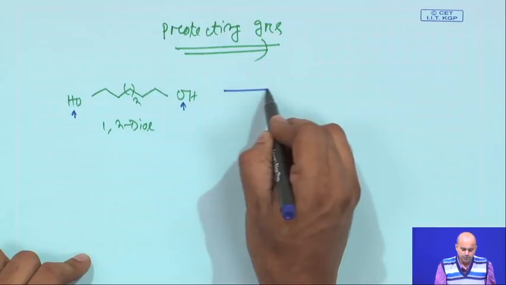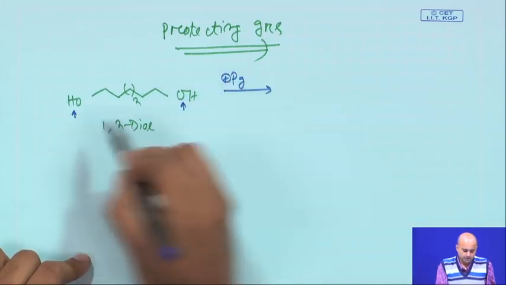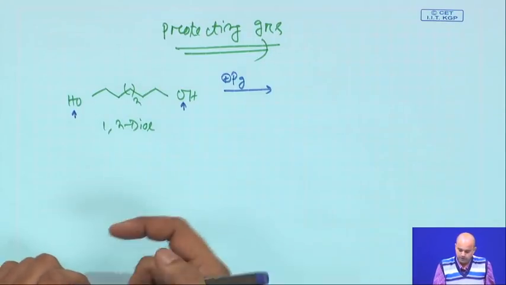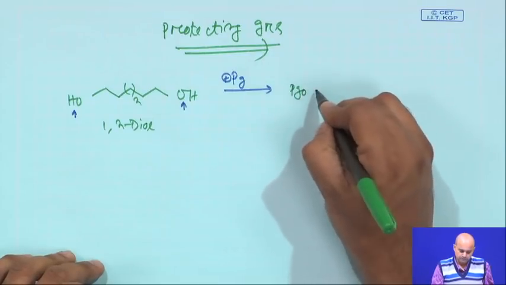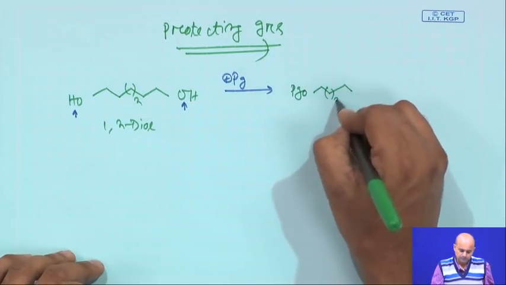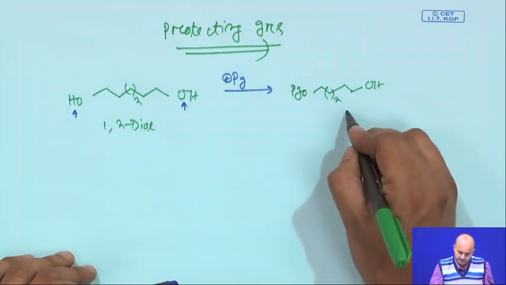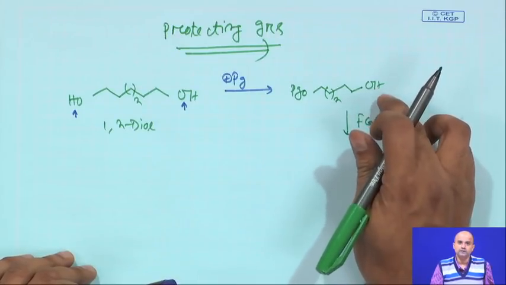Then basically you need to use a protecting group, a simple protecting group, by masking this end. Then you do the remaining FGI whatever is required in your synthetic transformation.